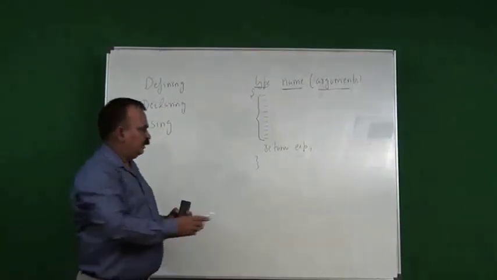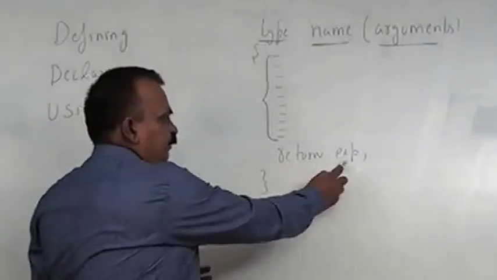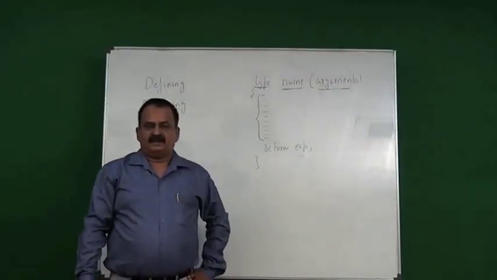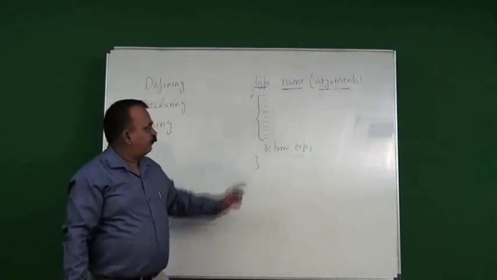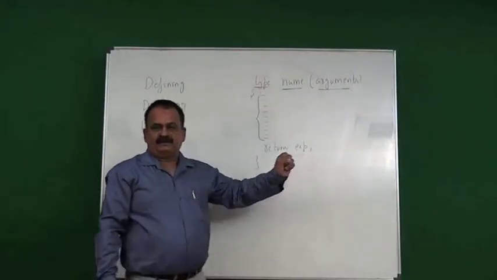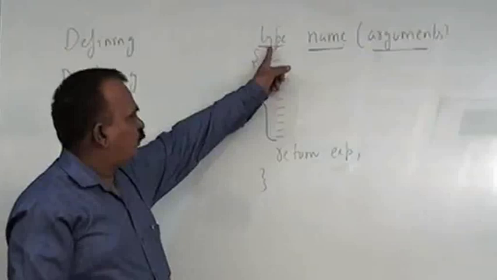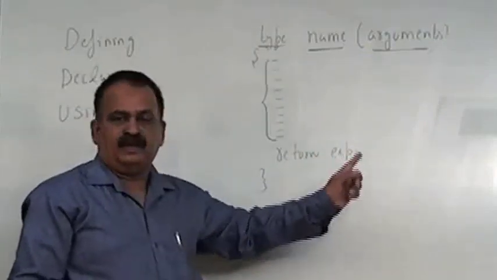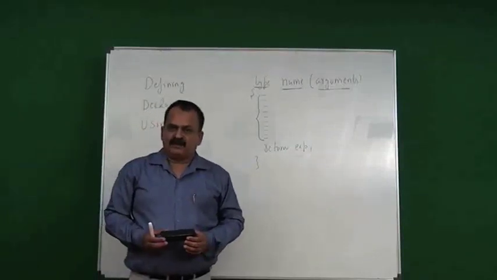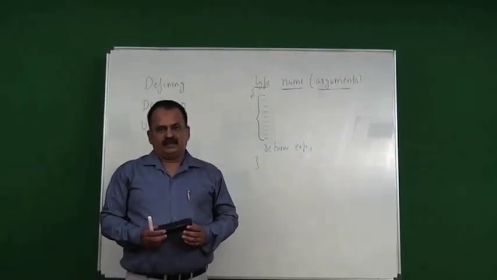The last one is the return expression. Expression is the result returned by this function. If this type is int, this expression will be of integer type. If this type is float, the expression will be of real type. Now in some cases, there can be a function that does not return any value.